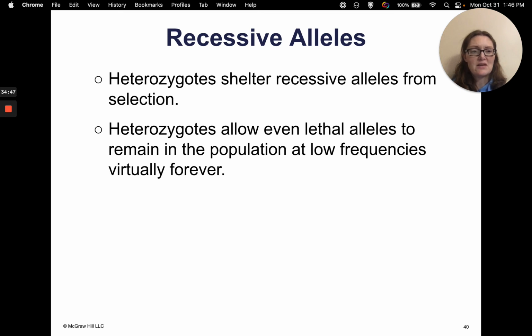They're still there, you just don't see them, and they can remain there unless two heterozygous individuals come together, and even then, if you do a Punnett square, there's only a 25% chance that the two recessive alleles will come together, and a 75% chance that the individual would not receive the two recessive alleles. So it's very rare that the recessive alleles would actually come together like that.